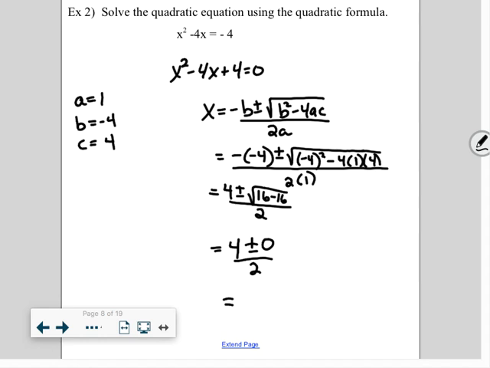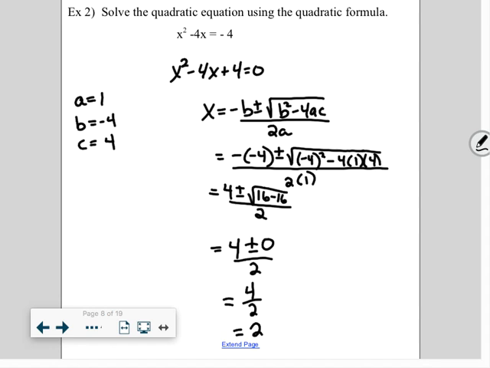Well, 4 plus or minus 0 is just 4. There's no more plus or minus symbol, right? Yeah, Mia? If you get a double negative, do you have to put the negative? No, you can skip it and just put 4. Mia asked an awesome question. If you know negative b is a negative 4, you can skip a step and make it positive 4. That's okay.